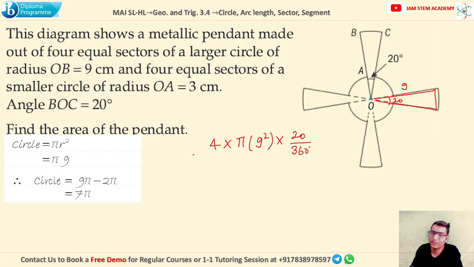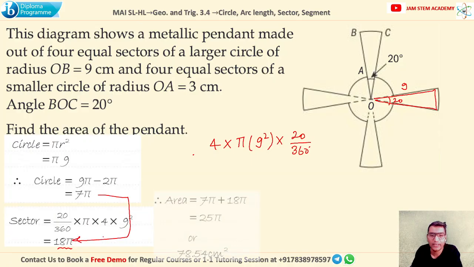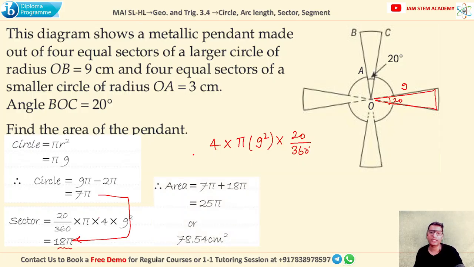Just simplify it. This value comes out as 18 pi, and when you add this 18 pi to the 7 pi, you will get your answer, which comes out as 25 pi, or when you put pi as 3.14, it is 78.54 centimeters squared.